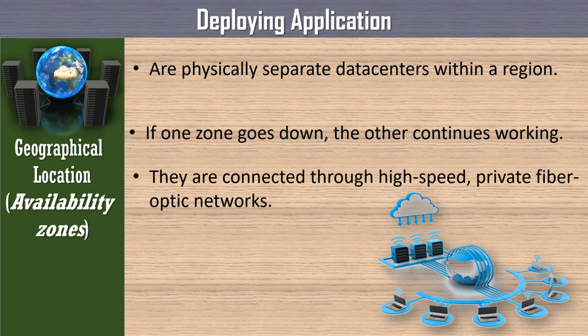They are connected using a private fiber optic network, or it depends on the cloud provider how they connect these availability zones together. So your cloud provider is going to determine what is an availability zone for it and what is a region for it, because sometimes there is a high-level term which is used, but internally each cloud provider sometimes has some differences in how they implement regions or availability zones.